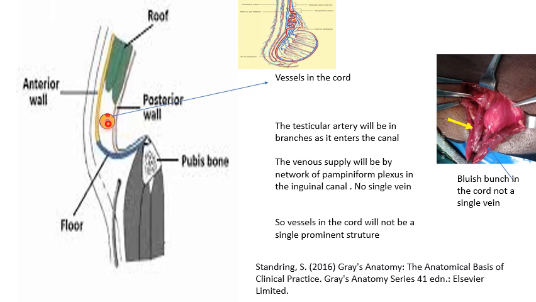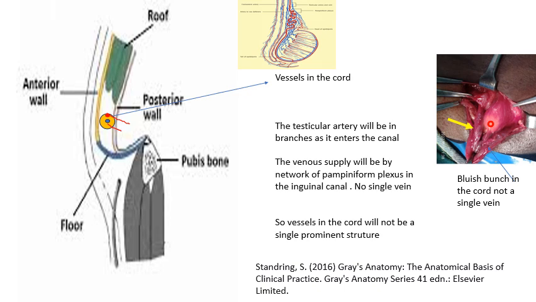If you really want to see these two parent vessels, you need to go posteriorly. You will see them in your laparoscopic surgery. So if you want to see the parent vessel of the vein and the parent vessel of the artery, you need to go to the laparoscopic approach. Let's keep it at that. So what you're seeing in the cord is the pampiniform plexus.